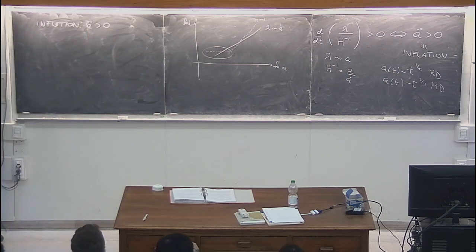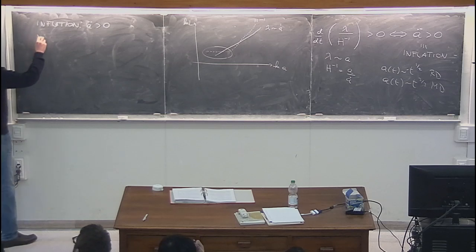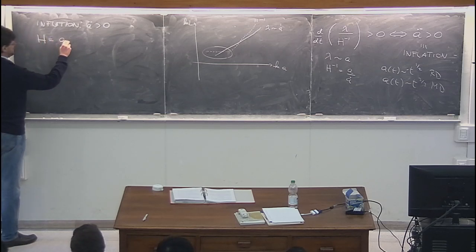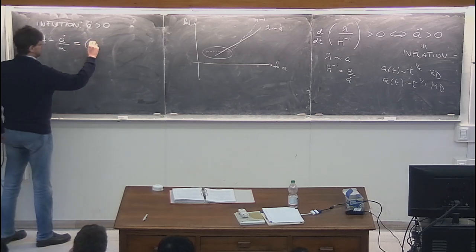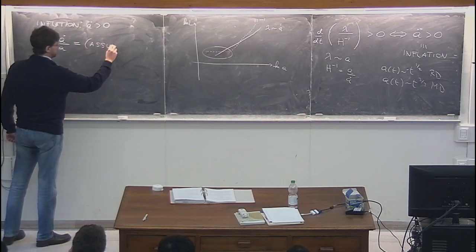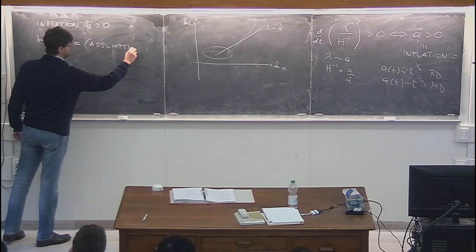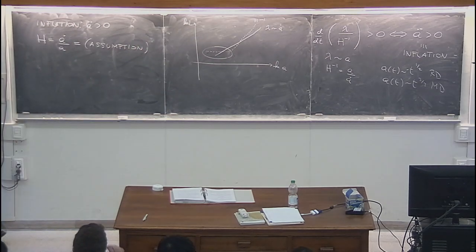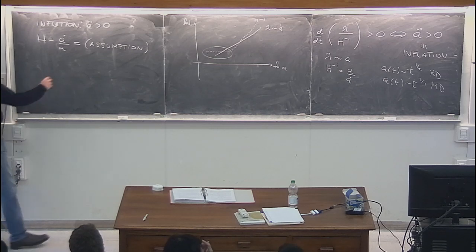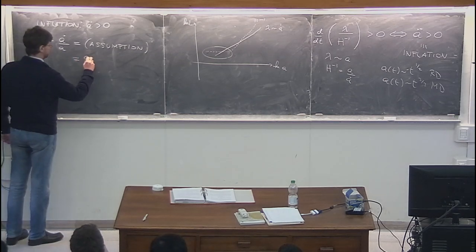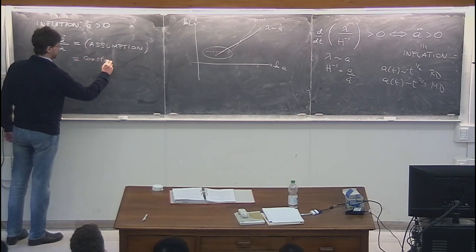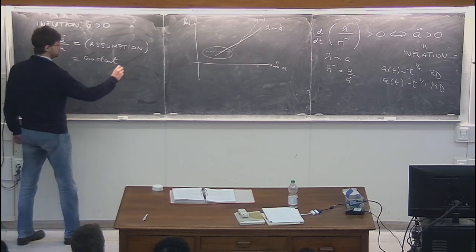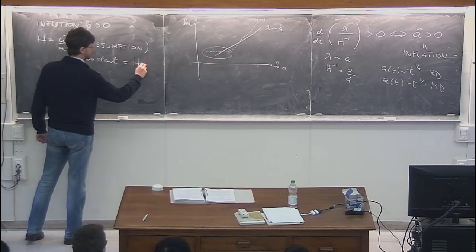And let's also suppose that the Hubble rate H, which is a dot over a, is constant. Here I want to be clear, it's an assumption, which I will justify in the following. Let me call it H star.